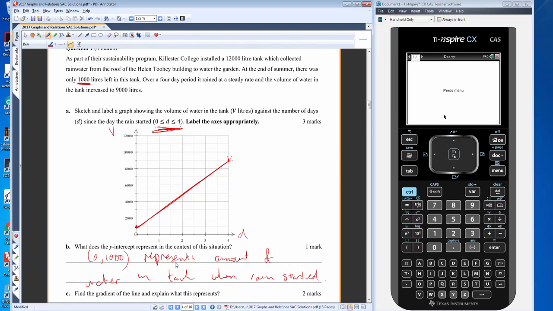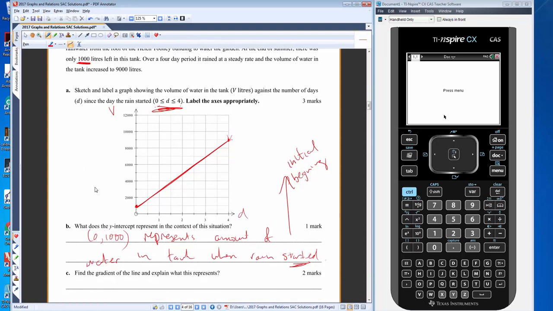The key word was started. The other words that I was looking for were initial or beginning, before the 4-day period of rain started.